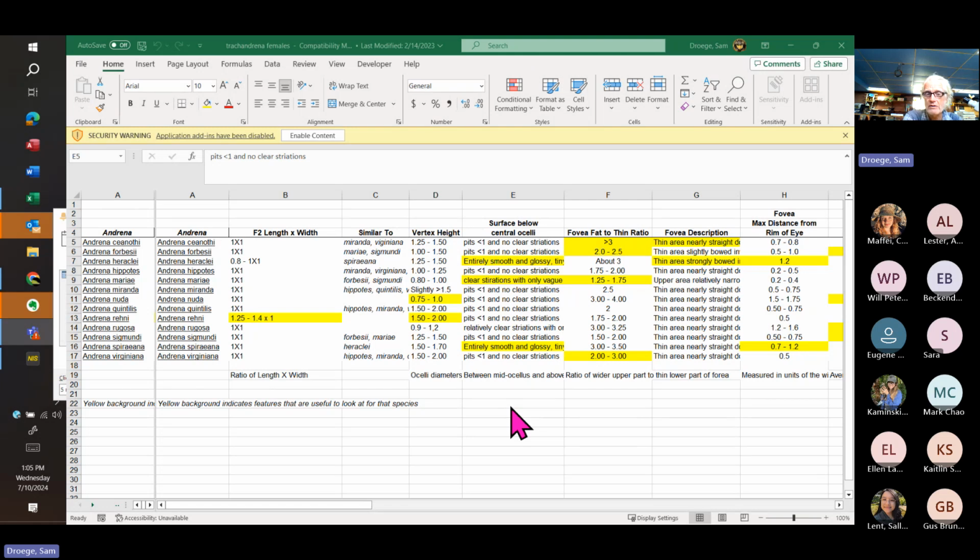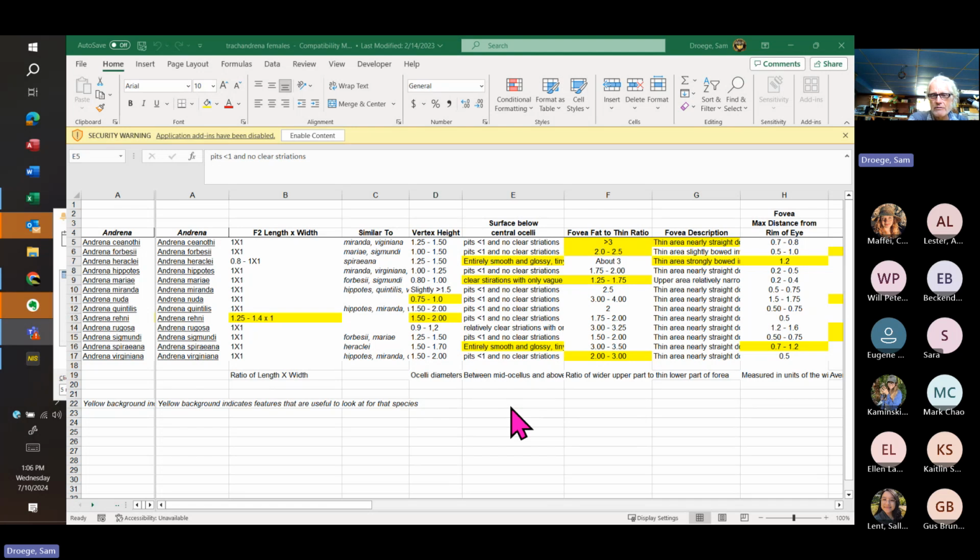In some cases, you have to weigh evidence from several different places and look for the best fit based on a line of evidence that matches the best grouping from this list here. It's very difficult to be absolutely black and white about some of these things. Some of the characters are quite nice, but sometimes only at the extremes.